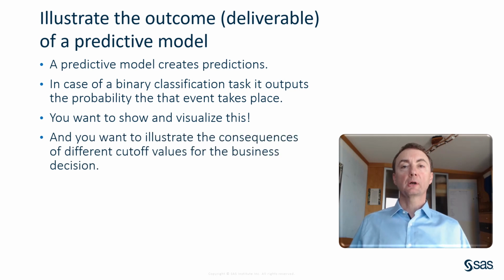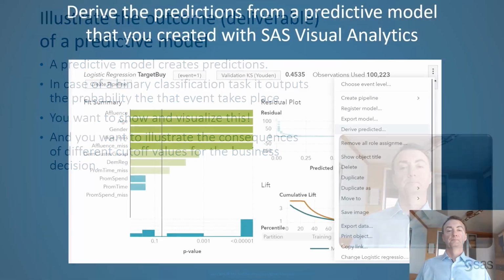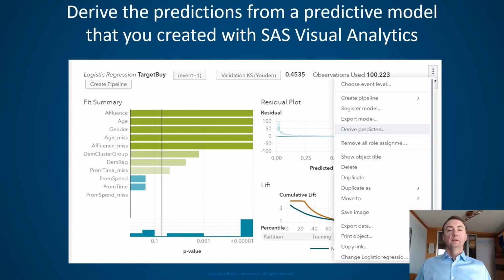We also want to show to our customers what different cutoff point decisions affect for the yes or no decision and the proportion of the correct or incorrectly classified customers. If you create, for example, a predictive model with SAS Visual Analytics, you receive the following output.